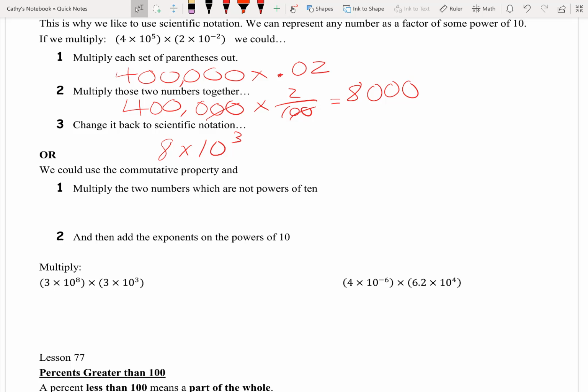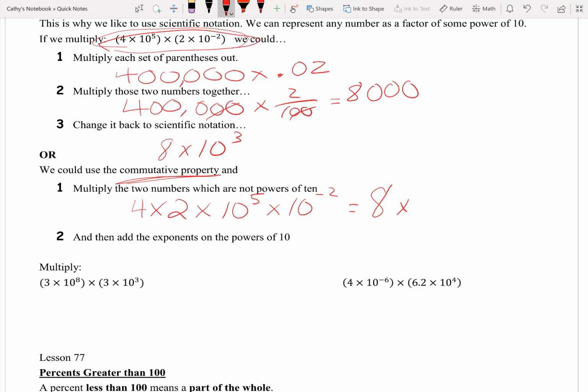All right, so this is my problem, remember, up here. 4 times 10 to the 5th times 2 times 10 to the negative 2. Since multiplication is commutative, remember, that means you can multiply these 4 numbers here in any order you want to. So you can multiply 4 times 2 and then 10 to the 5th times 10 to the negative 2. 4 times 2 is 8, and then the power of 10, I've got 10 to the 5th times 10 to the negative 2.